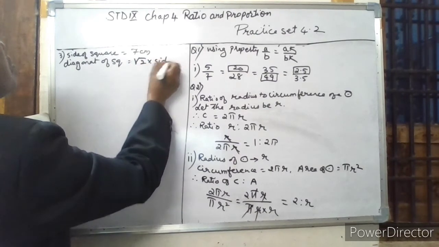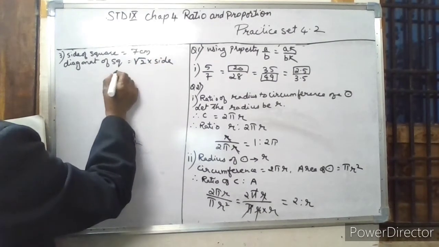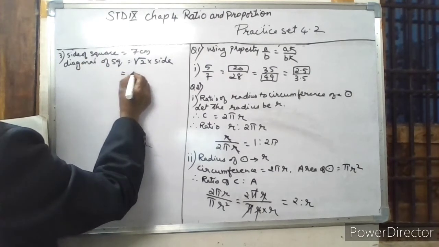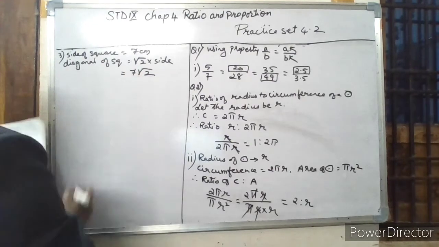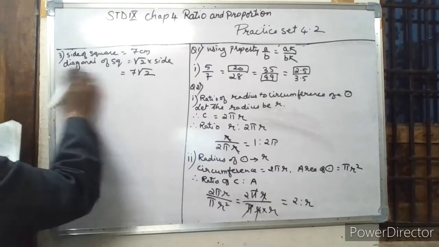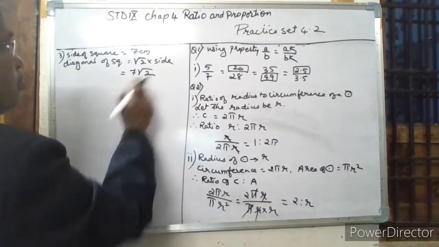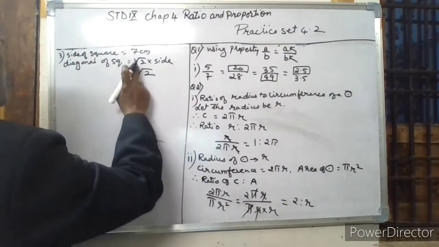So diagonal of the square will be 7 root 2. That is side into root 2, or root 2 into side, it's the same thing.